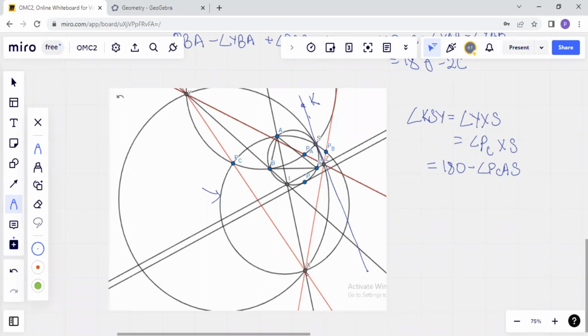Now again we'll try to remove PC, which is equal to 180 minus angle PCAB minus angle BAS, which is equal to 180 minus angle BAB minus angle BAS.